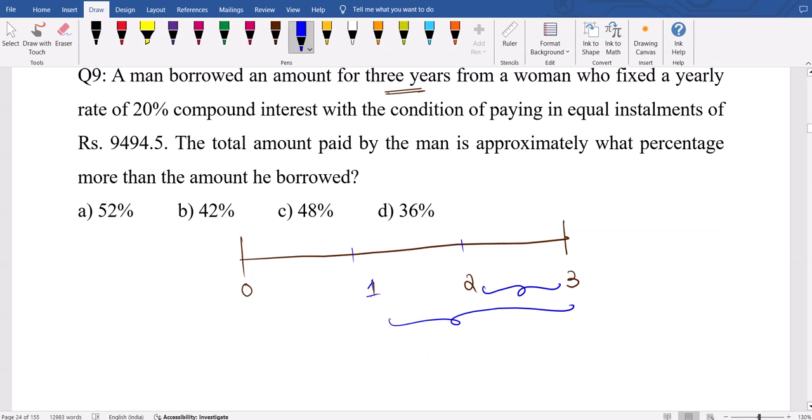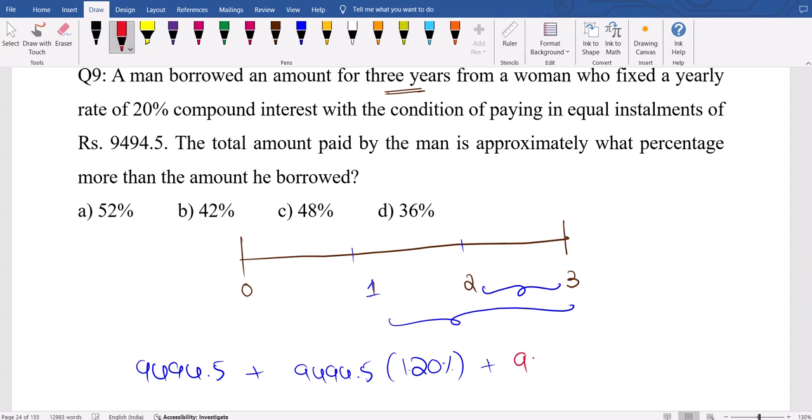Now listen, 9,494.5 you paid on third year. It's not with him for more years, fine. But what you paid on second year, 9,494.5 into 120%, because it is there with them for 1 year, they can get 1 year interest with that. That amount can be given to others, they'll get 1 year interest.